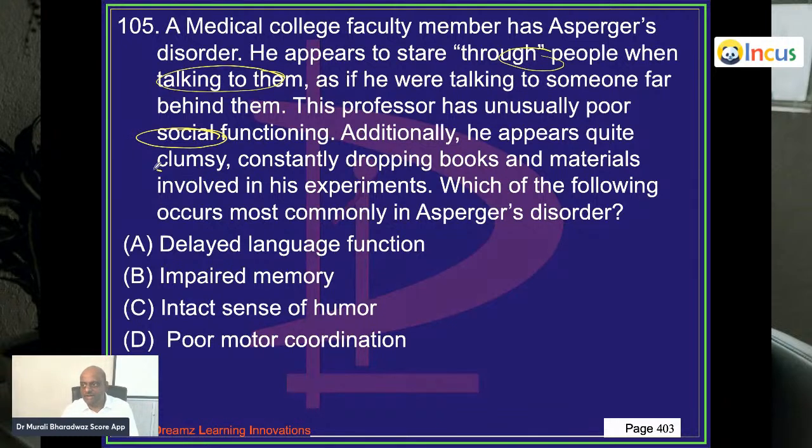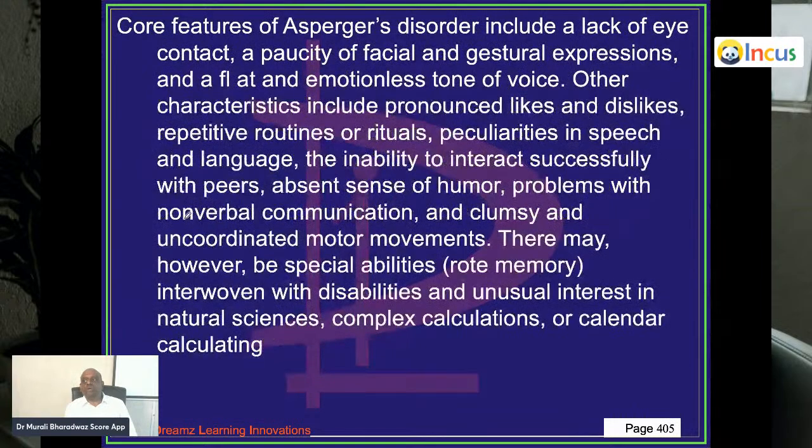He appears very clumsy, constantly dropping books and materials. What happens in Asperger disease? Poor motor coordination. So, autism, ADHD, Asperger syndrome, Rett syndrome.